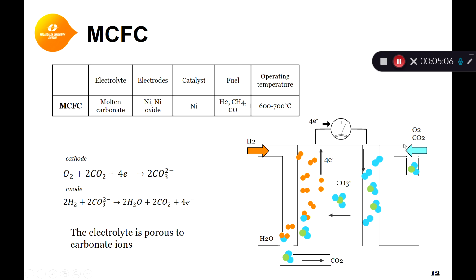So a lot of CO2 needs to be present on the cathode side. The reaction on the cathode side combines oxygen and carbon dioxide to form this carbonate ion that can pass through to the anode side, where it reacts with hydrogen to form water and CO2. CO2 can then be recirculated to the cathode side.